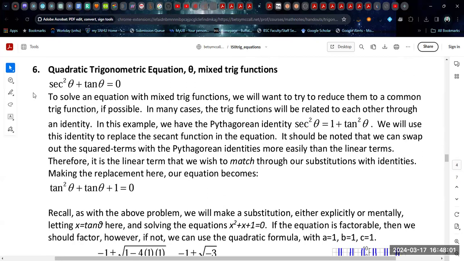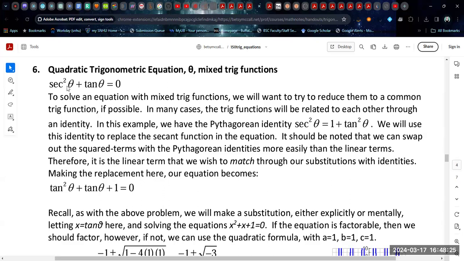Now, if I have different trig functions in the same problem, then if they're related via a Pythagorean identity, I need to make a substitution in order to get them to all be the same trig function. So here I have secant squared and tangent, and I know that there's an identity, secant squared is equal to 1 plus tangent squared.